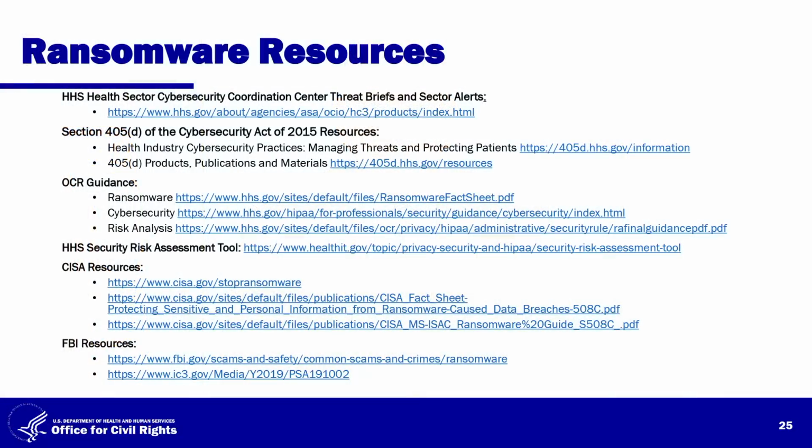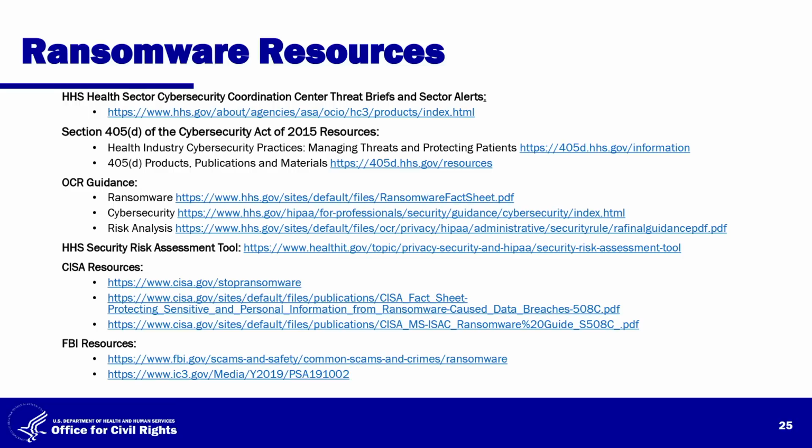HHS Resources on Section 405D of the Cybersecurity Act of 2015 includes materials on health industry cybersecurity practices, managing threats and protecting patients. Technical Volume 1, Cybersecurity Practices for Small Healthcare Organizations.